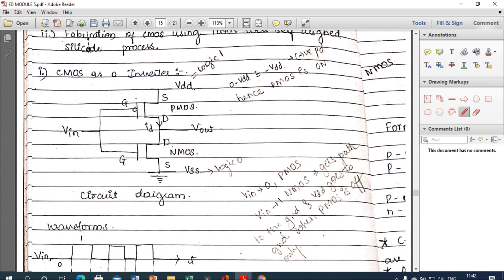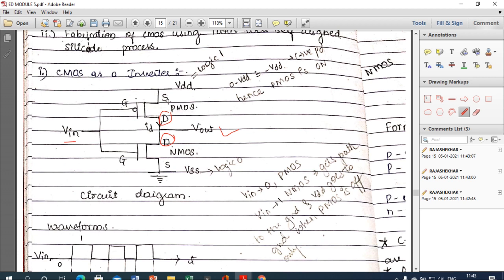The gates of the two MOS transistors, PMOS and NMOS, are connected together to provide the input voltage Vin, whereas the two drain terminals of PMOS and NMOS are connected together to give us the output terminal.